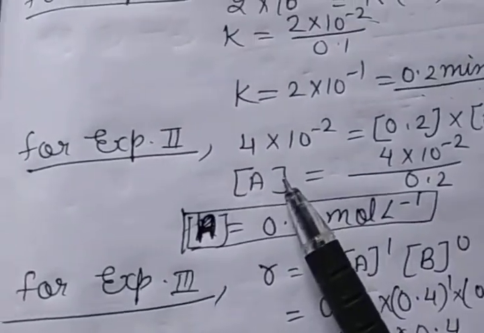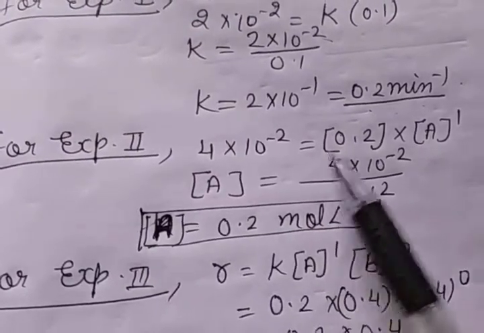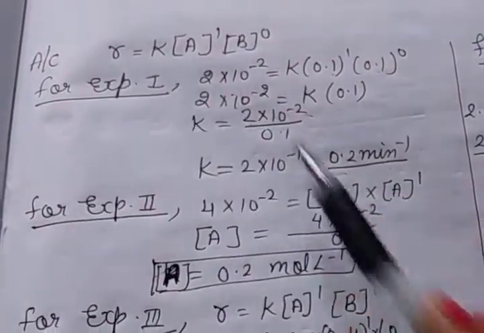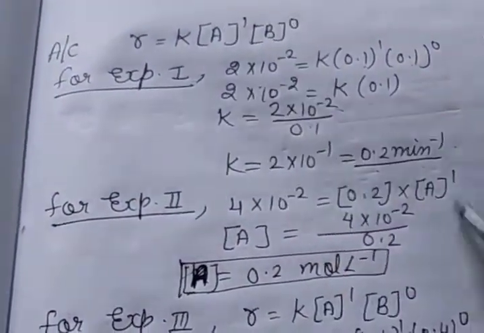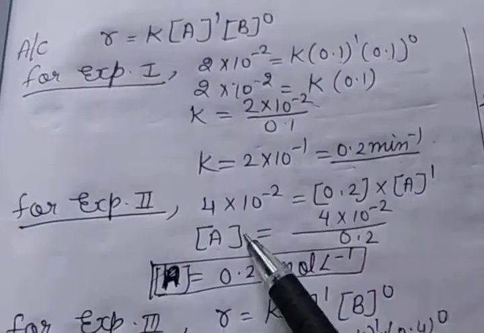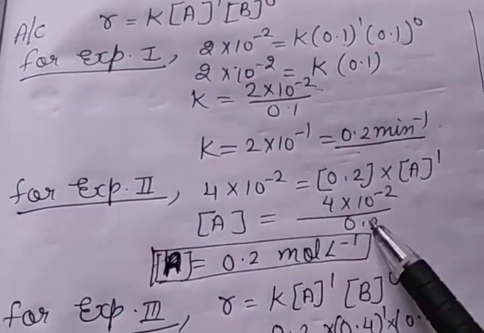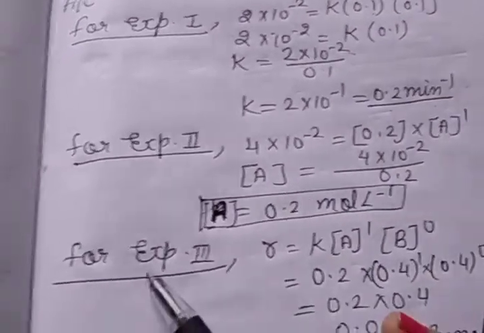So for experiment number second, the R value 4 into 10 to the power minus 2 is equal to 0.2, the K value, because the formula has B power 0, that is 1, and A power 1, and we have to find the A value. The A value goes to the left hand side and then calculate. So the A value comes 0. mole liter inverse.